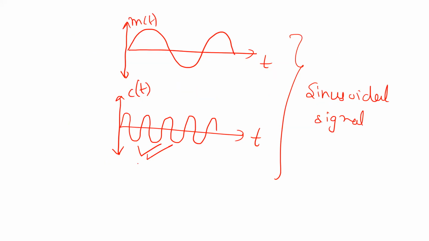Now, Jerry, tell me what can be the different characteristics of a carrier signal? It can be amplitude. Well, I think the carrier signal frequency is much bigger than the message signal because they need to transmit. Correct. So the carrier signal can have multiple characteristics, like amplitude, frequency, and phase.